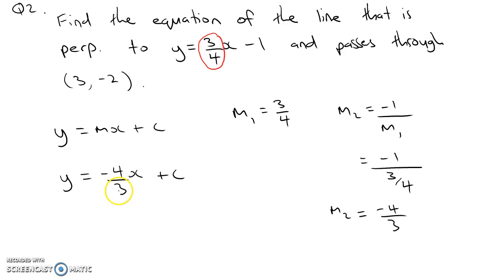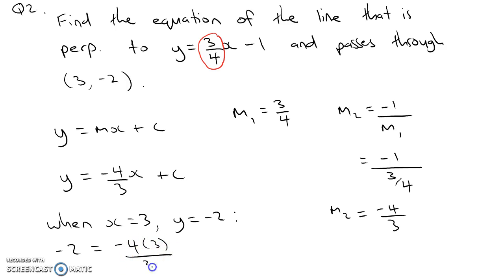Substituted it back into y equals mx plus c, and now we need to use this coordinate here to determine the c value. So we know when x equals 3, y equals -2. So let's substitute those in. -2 equals -4 times 3 over 3 plus c.